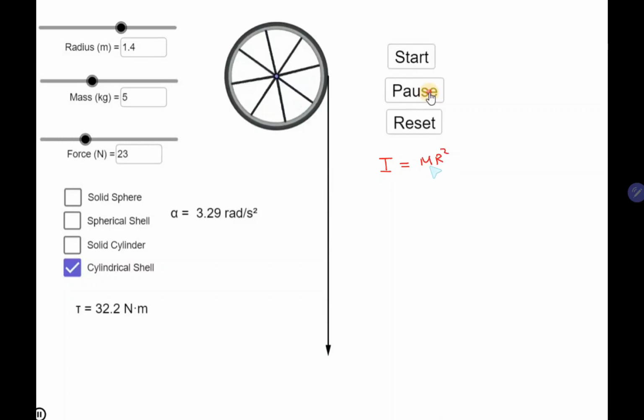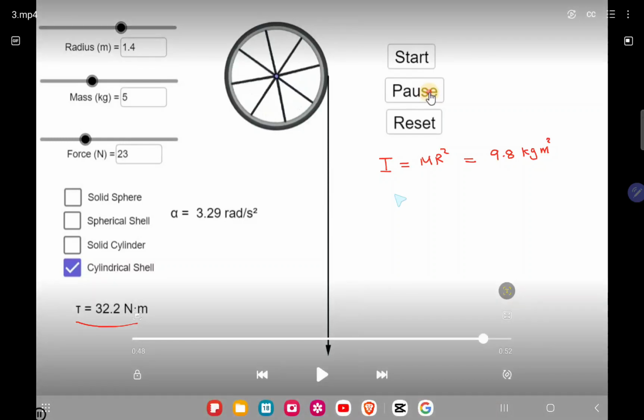M equal to 5 kilograms, R equal to 1.4, and I in this case is 9.8 kilogram meter square. Tau, or the net torque, is constant. For this case, it's equal to 32.2. So alpha in this case will be equal to 3.29 rad per second square.